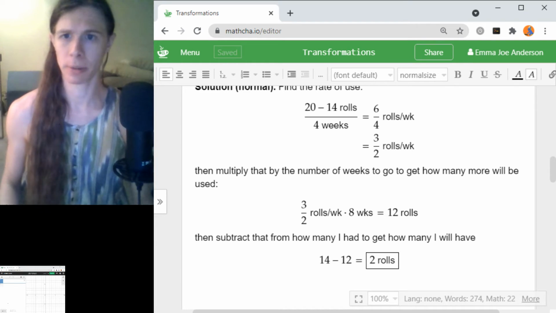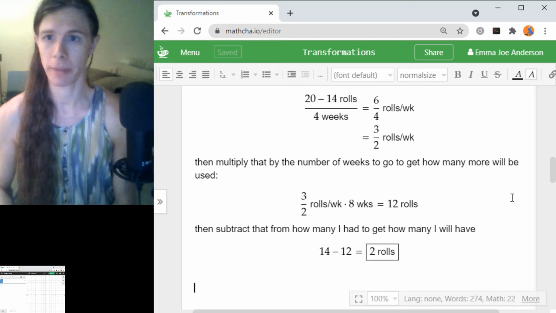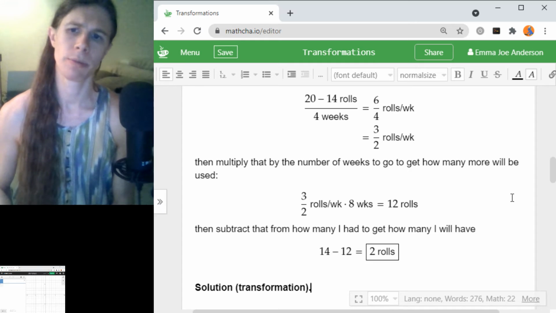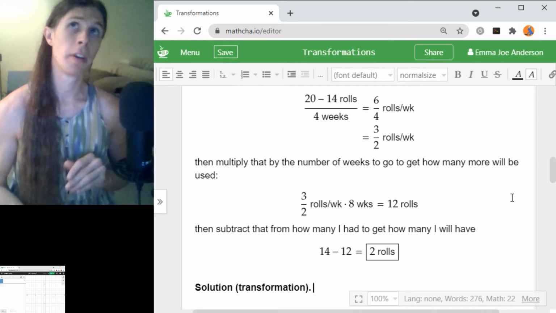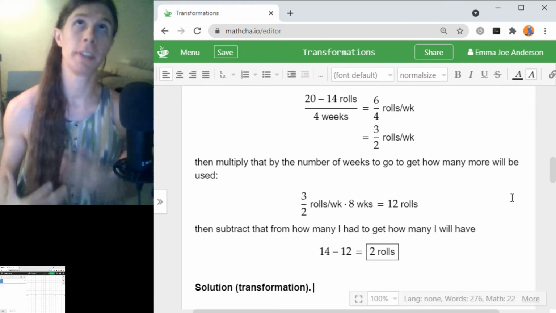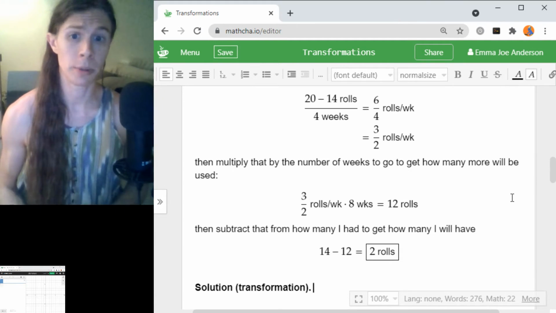So, let's think this through in a transformation way. So first, we're going to pretend, transform this into a space where I started with no rolls.